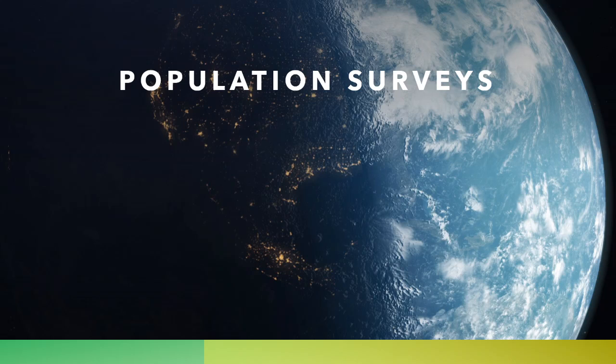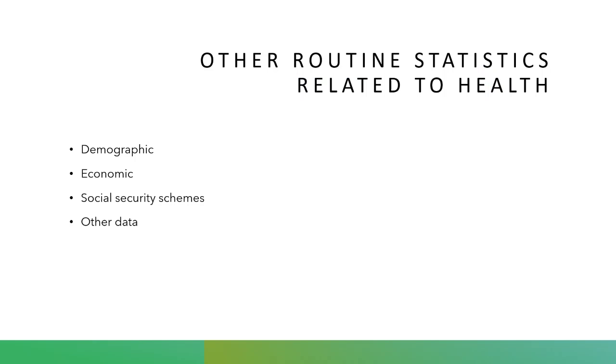The International Institute of Population Sciences, Mumbai, is a nodal agency for collecting both these population surveys. Other routine statistics related to health are demographic, economic, social security schemes and other data. Apart from health, we also need data for these mentioned areas.